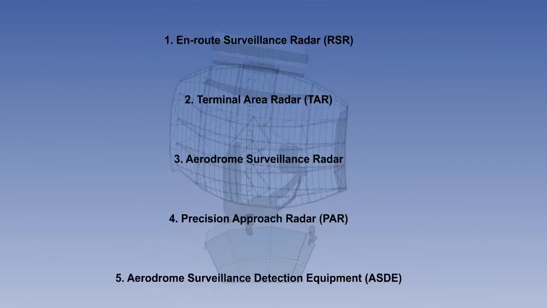This is the generally preferred term. However, the EASA ATPL learning objectives use the term Aerodrome Surveillance Detection Equipment, so you should be able to recognize it. Let's look at each one of these in turn.